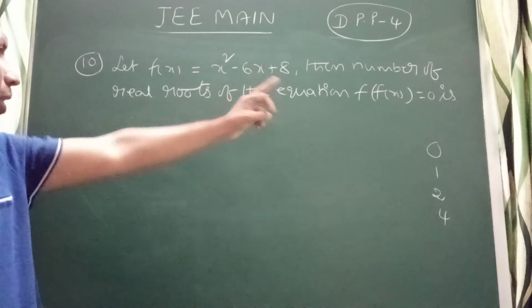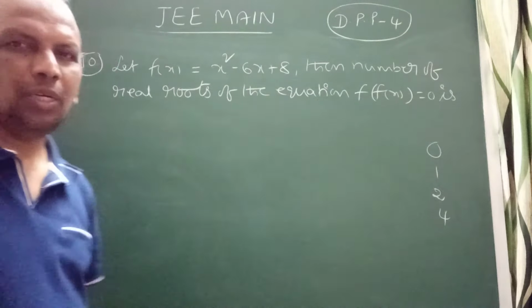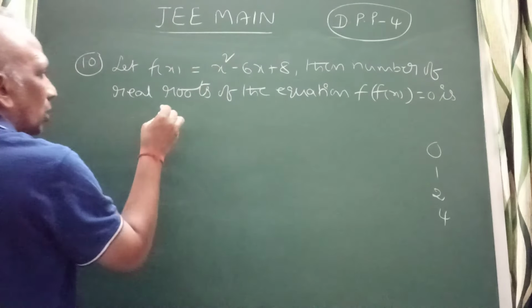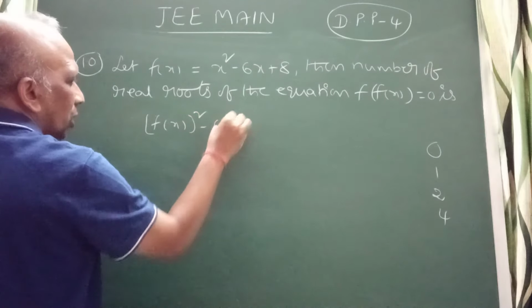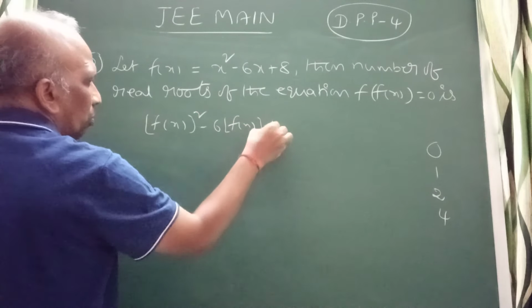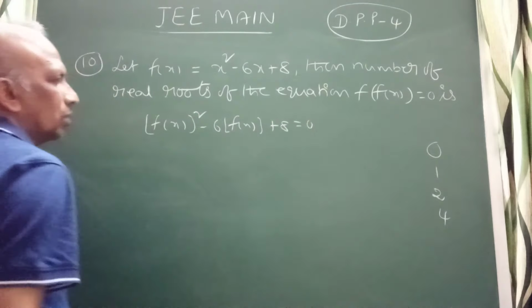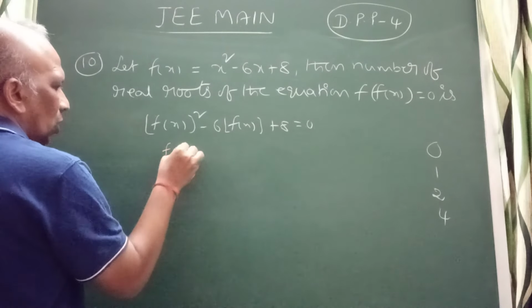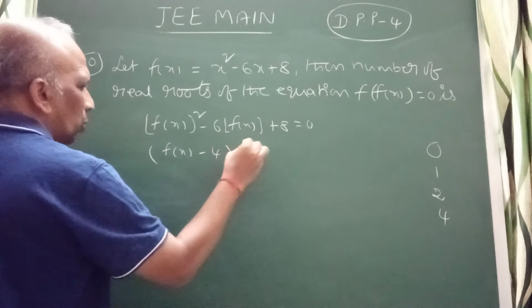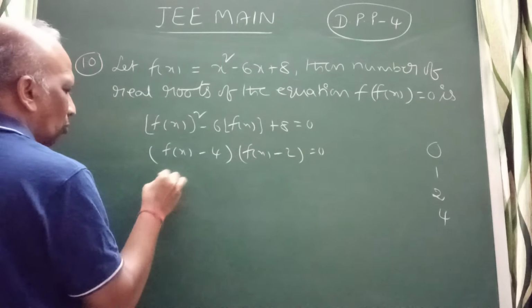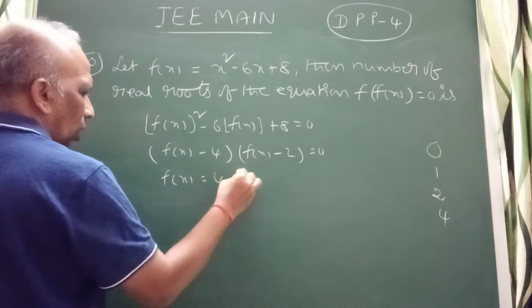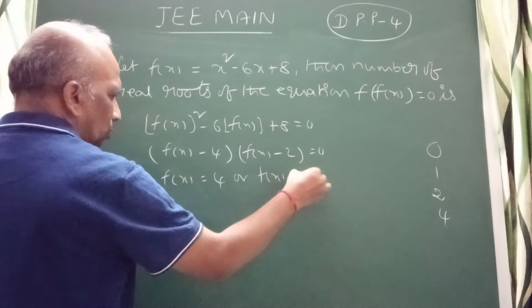Next, there is f of x and the number of real roots of this equation. We can write f of x whole square minus 6 into f of x plus 8 equal to 0, right? Then we get the factors: f of x minus 4 into f of x minus 2 equal to 0. You will get f of x equal to 4 or f of x equal to 2.